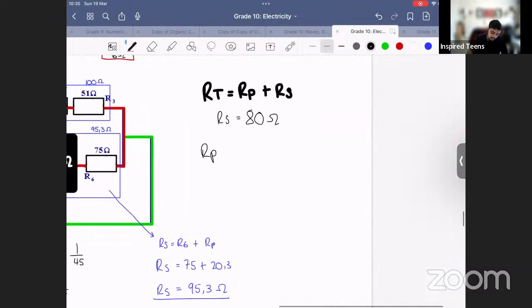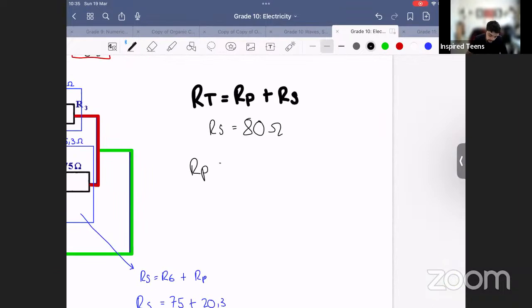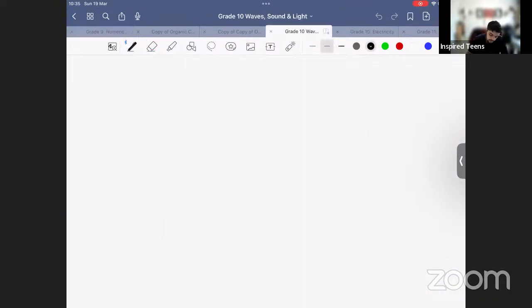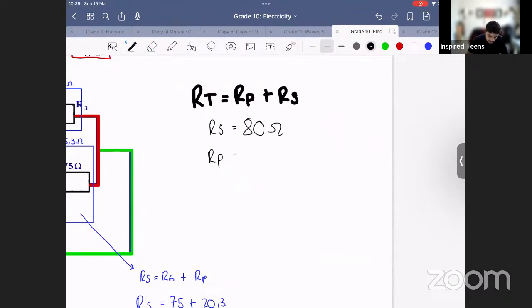Our parallel is equal to 48.8 ohms, we already calculated it. So our total is equal to our parallel, which is 48.8 ohms, plus our series, which is 80.